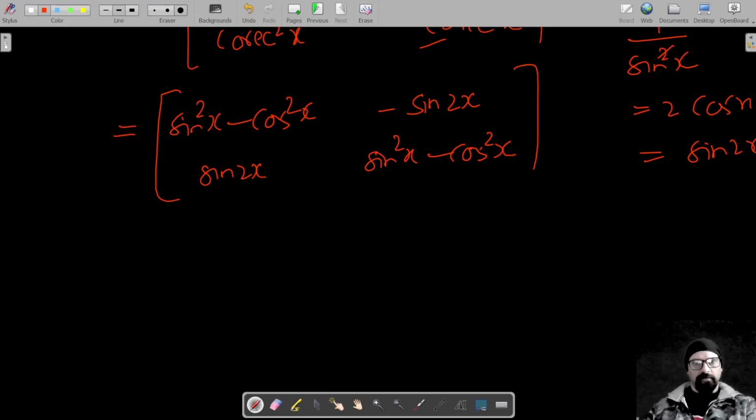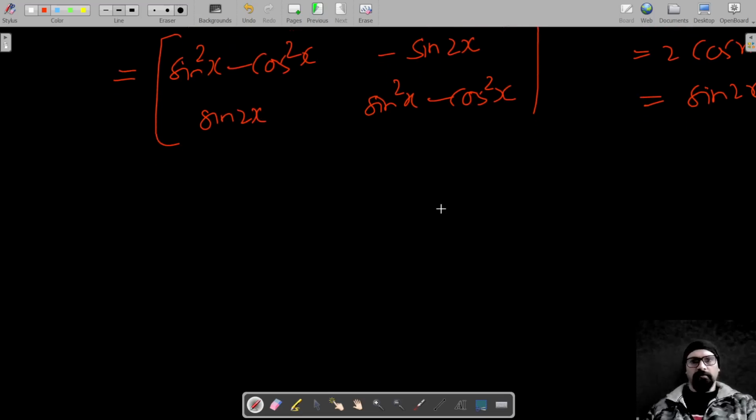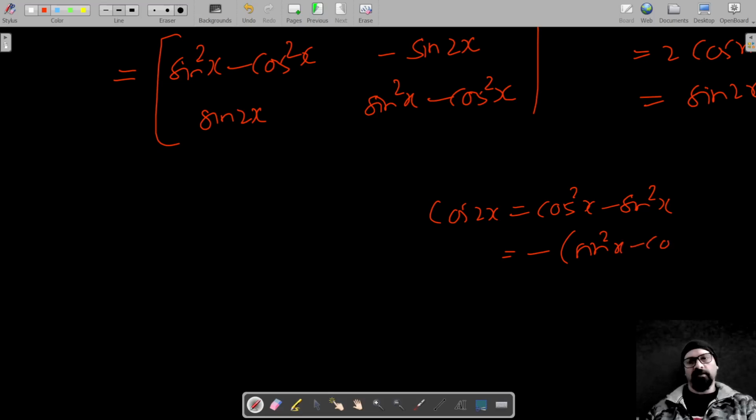Okay. Now we know that cos 2x is equal to cos square x minus sine square x. So if we take the negative out of this, sine square x minus cos square x becomes negative cos 2x.